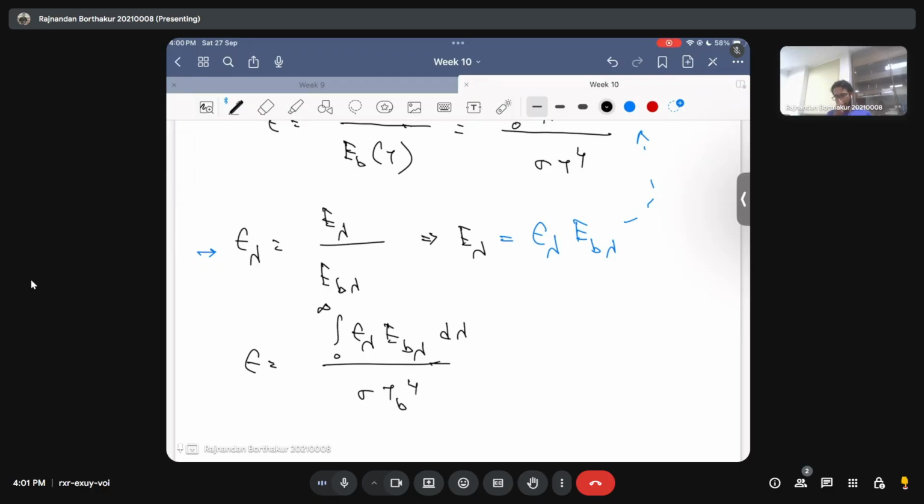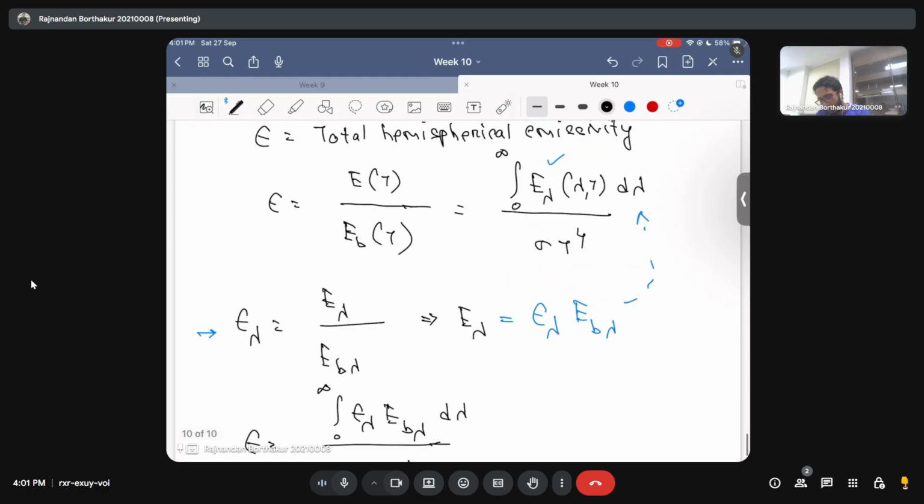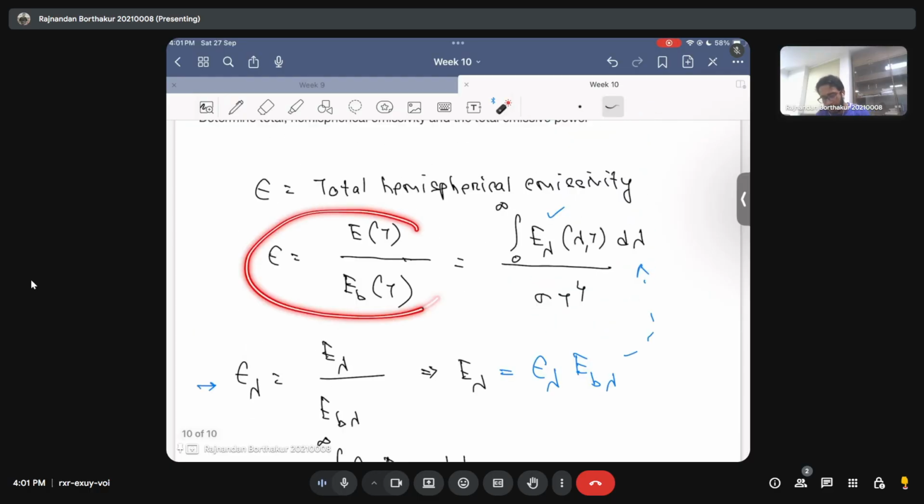I hope you can understand this. What we are just doing is first writing the very definition of total emissivity as the emissive power of the real body to the emissive power of a black body. Then I have said that the emissive power of a real body can be written as the spectral emissive power integrated over the entire band of wavelength.